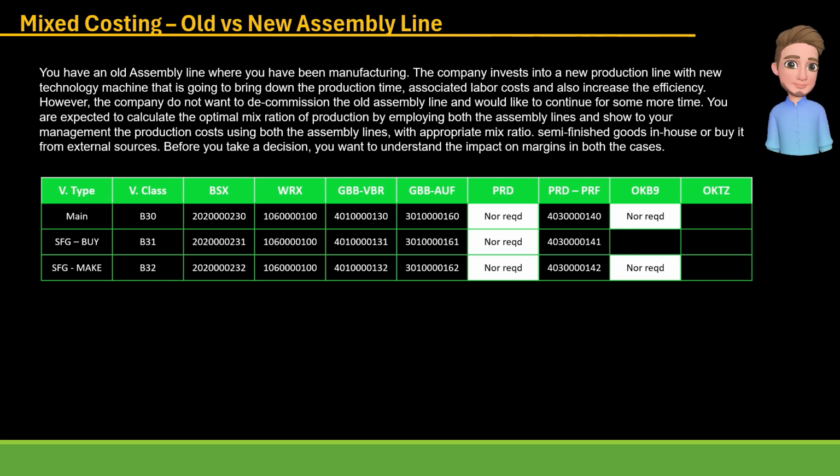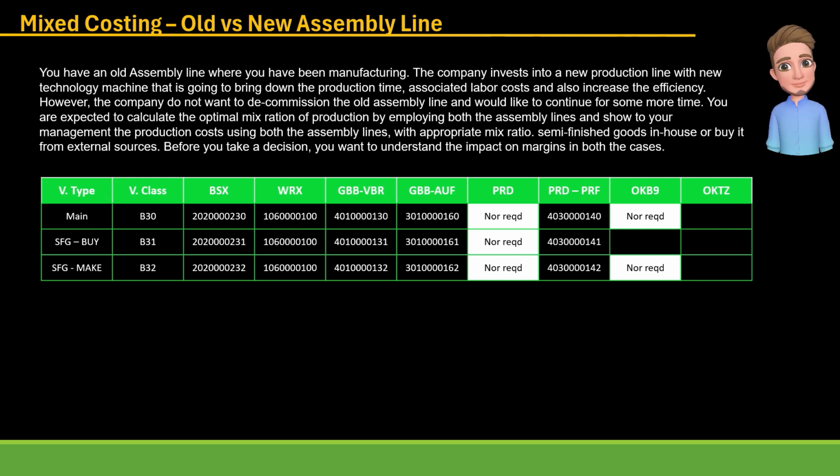So two different production lines, which means two different BOMs and two different routings, but you cannot decommission the old process because you already have some investment and you have not reached your intended ROI. You still have some life left in the old production line, so you want to deplete that production life. So you want to continue to use both of these assembly lines, and your management is asking what is the appropriate production mix.